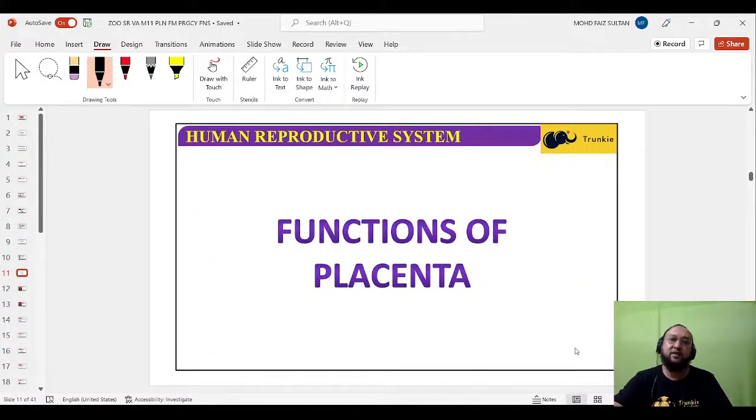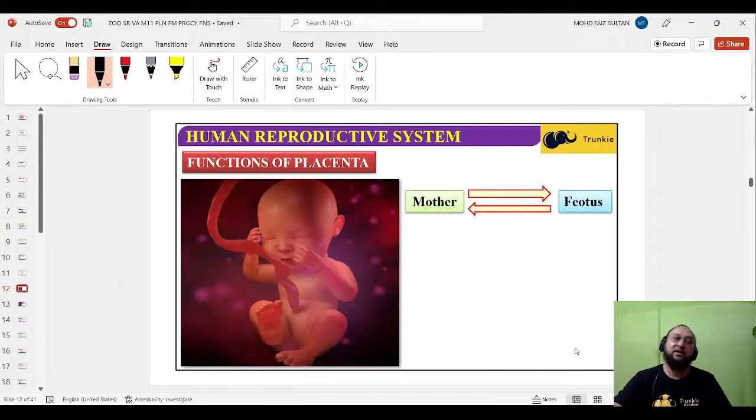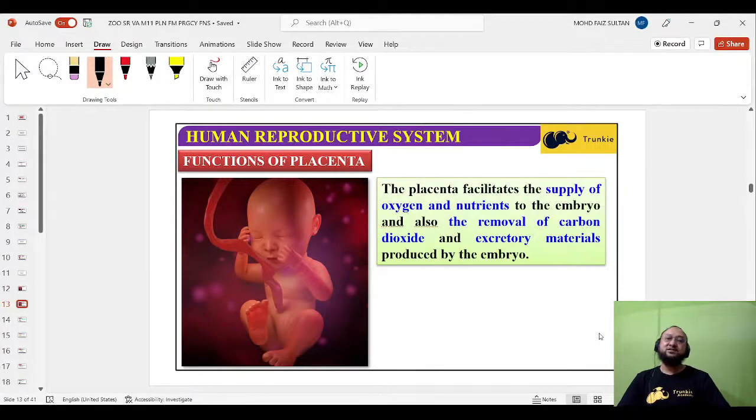Now, functions of the placenta. This is very important because this is the structure that supplies nutrients and oxygen to the growing fetus. Exchange of substances takes place between mother and fetus through the placenta. The placenta facilitates the supply of oxygen and nutrients to the embryo, and the removal of carbon dioxide and excretory material produced by the embryo.